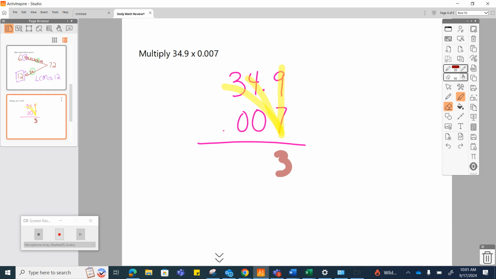Back to pen. 9 times 7 is 63. 7 times 4, looking at your multiplication chart if you need it, is 28. So I literally just count 28, 29, 30, 31, 32, 33, 34. So I made 6 dots. Yeah, I literally make dots. 7 times 3 is 21, 22, 23, 24.